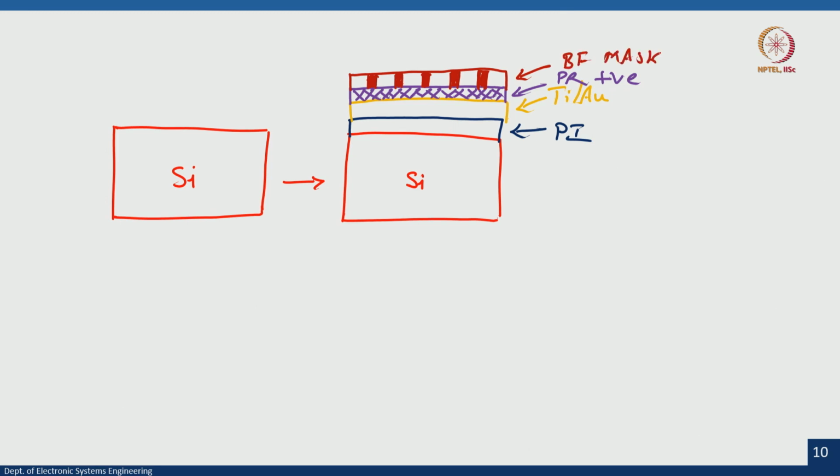So, after soft bake we load the mask and then expose it with UV light. Then you unload the mask and develop the photoresist.